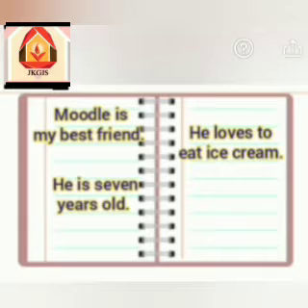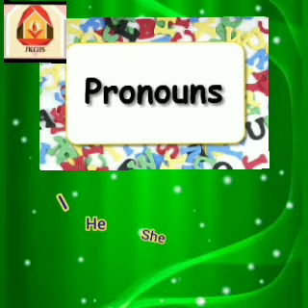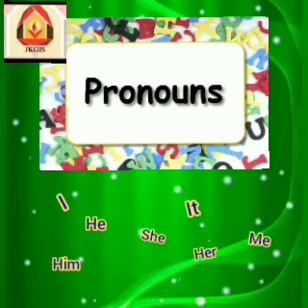So, friends, what is a pronoun? A pronoun is a word which is used in place of a noun. Words like I, he, she, it, him, her, me are used for singular nouns.